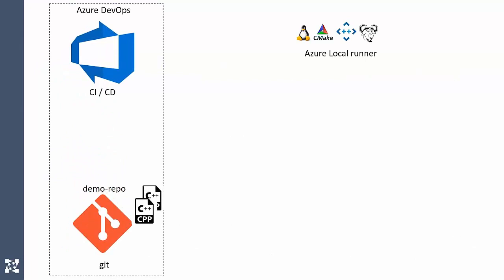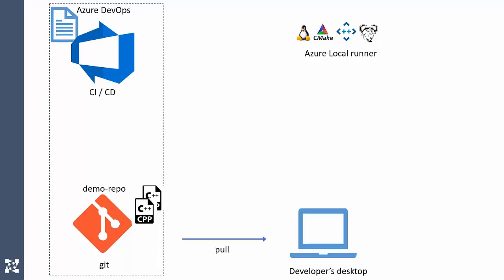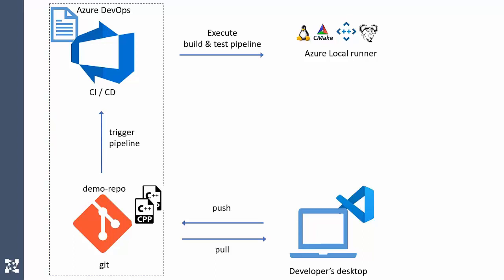During the demonstration, we'll define a new pipeline with C++ test static analysis and simulate a simple use scenario. A developer will pull the code, introduce changes using the VS Code editor, and push the code back to the repository. The push operation will trigger the pipeline, which will launch C++ test to perform static analysis.